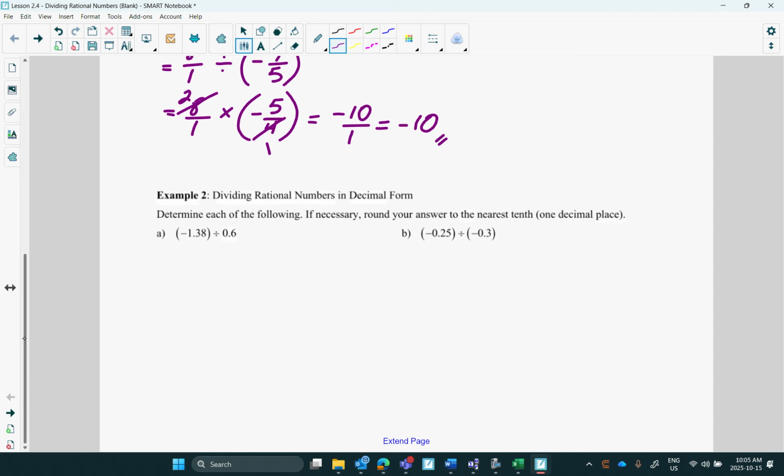So what do we get for the first one? Negative 2.3. Didn't have to round that.